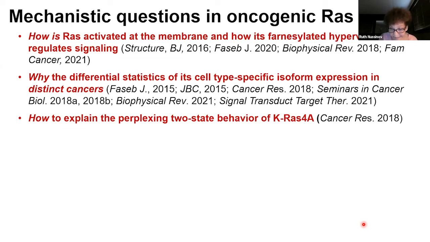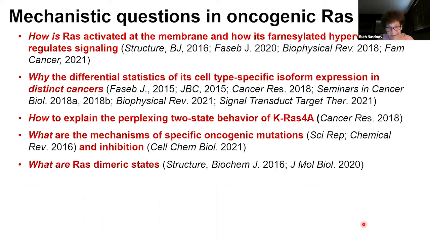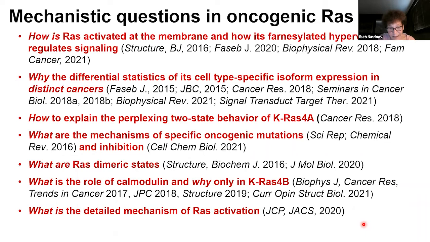How to explain that? What are the mechanisms of specific oncogenic mutations and the inhibition? What are RAS dimeric states? What is the role of calmodulin, and why only in KRAS4B? And what is the detailed mechanism of RAS activation?